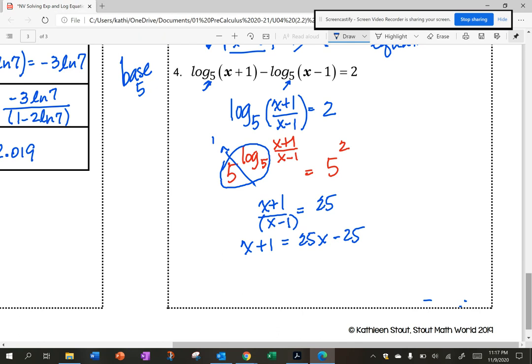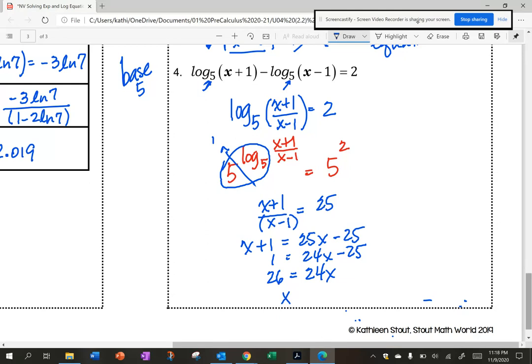So I am going to subtract 1x from each side. So I get 1 equals 24x minus 25, and then I'm going to add 25 to both sides. So I get 26 equals 24x.